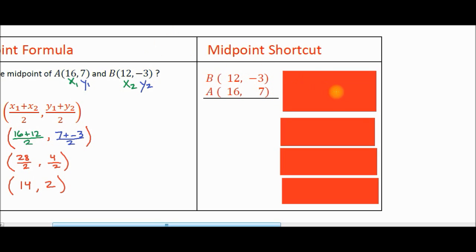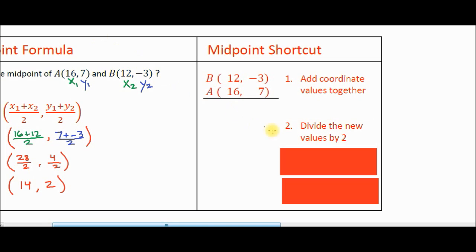Okay, let's go through the steps, and then I'll show you mathematically how to do that. So step number 1, you're going to add the coordinate values together. That's the first thing we're going to do. We're going to add them together. Step number 2, divide the 2 new values that you get by 2. Divide the new values by 2.